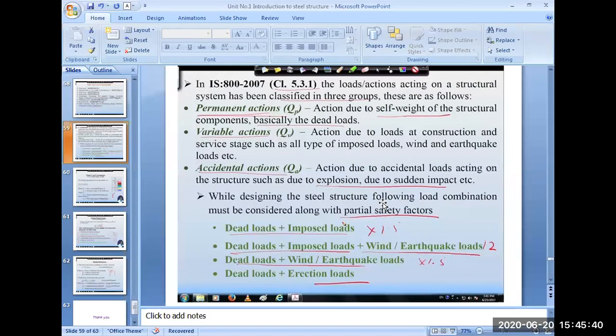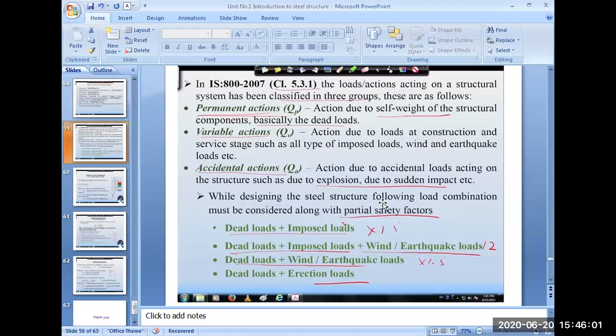In unit number 7, we are actually calculating these dead loads, live loads, imposed loads or wind loads, and we are taking the combinations for the design. Here we will see only theoretically what the loads and combinations are. But unit number 7 is roof truss.